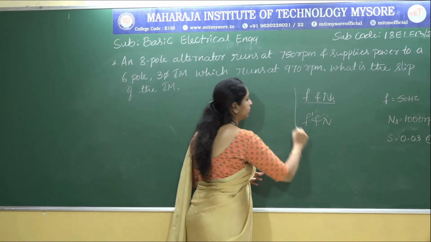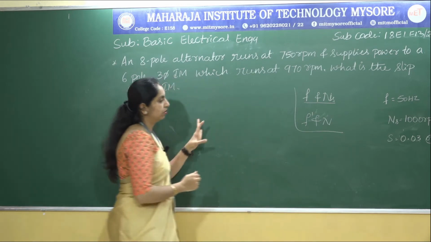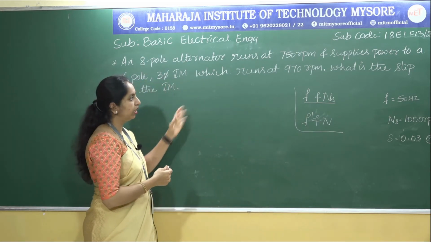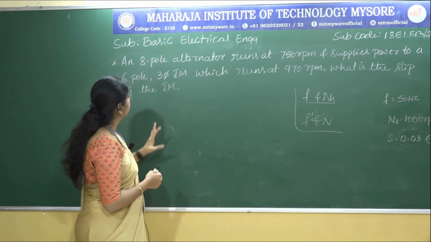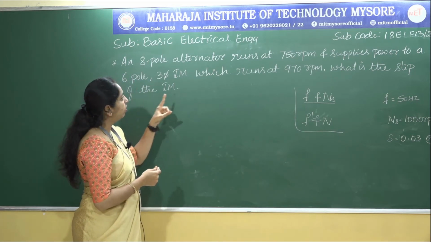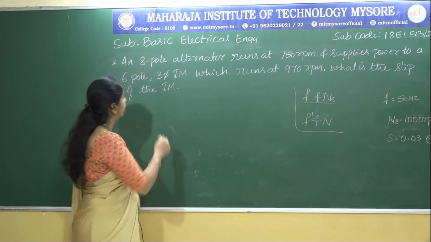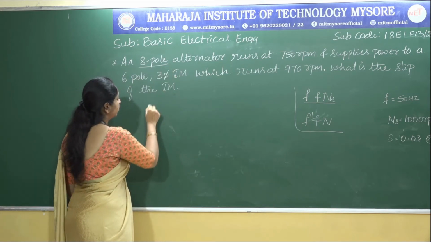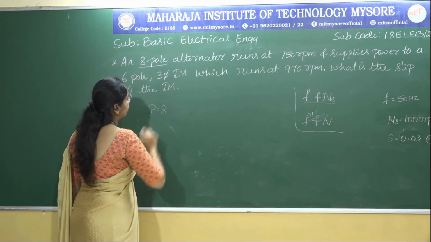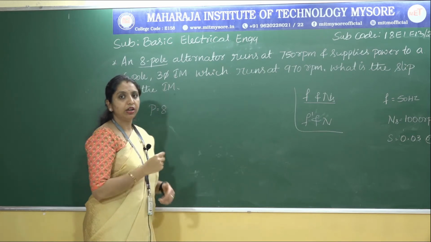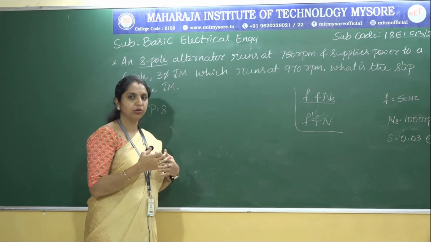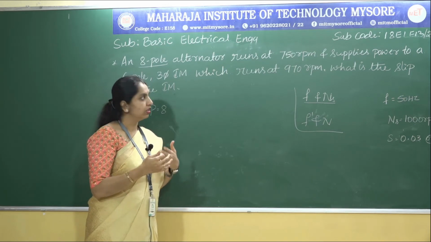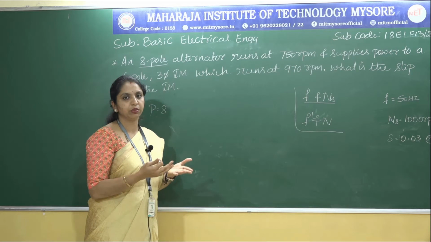Based on this, we are going to understand the data given in the problem, and later we need to simplify it. Look at the problem carefully: an 8-pole alternator means P is equal to 8. And remember, whenever they provide values for an alternator, that is to find the value of frequency.